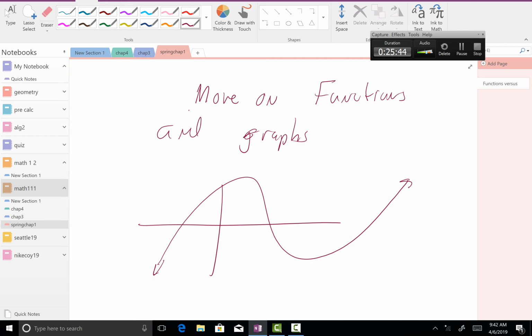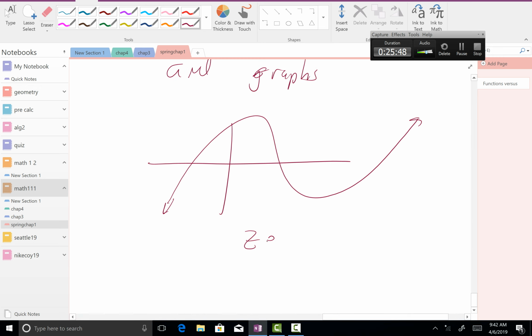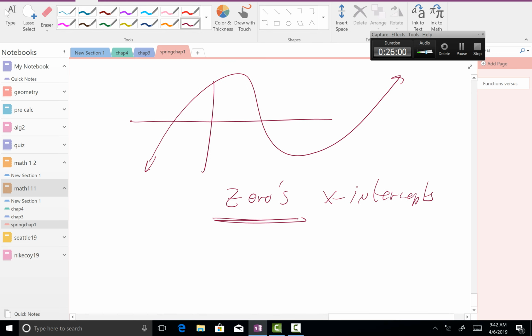Again, it's not a whole lot different than what we've been doing. So zeros are the same as x-intercepts, pretty much. Zeros are also what makes the equation equal to 0.